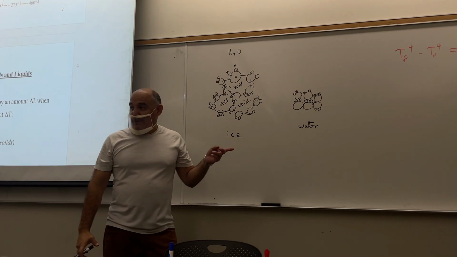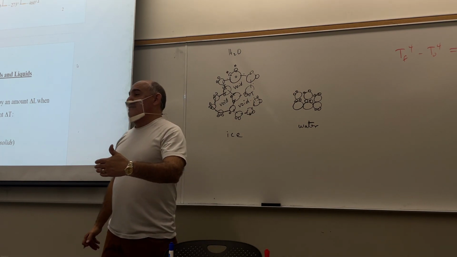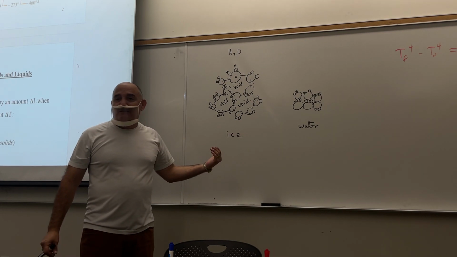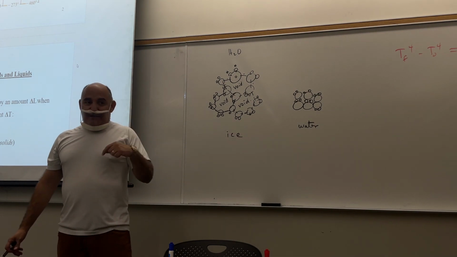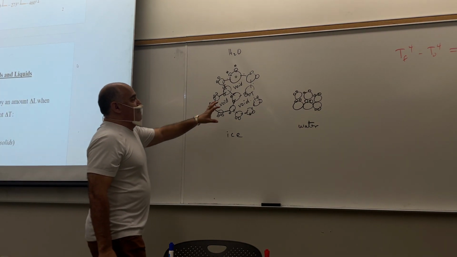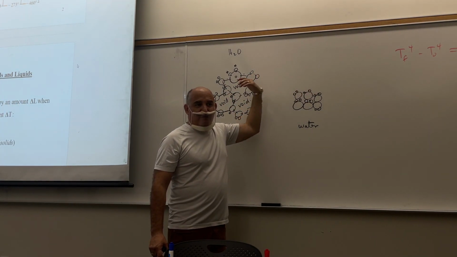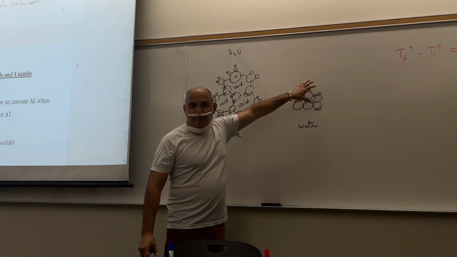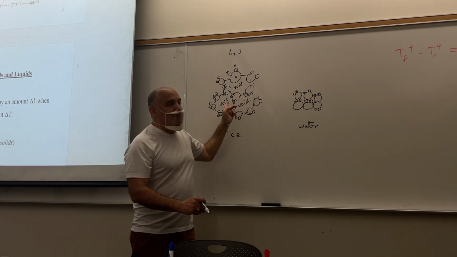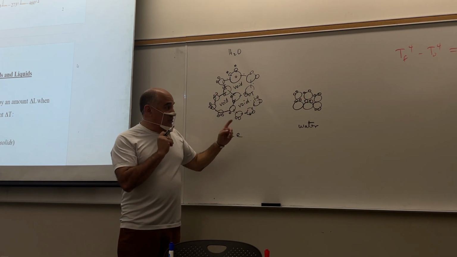And this is the reason why the density of water is, well, you tell me, which of these two substances has a higher density? The ice or the water? Water. The water, because you have the same mass. You didn't destroy any molecules, you just broke the bonds between them. You have the same mass, but occupying a smaller volume. You don't have those voids anymore like you do over here. So this is higher density.